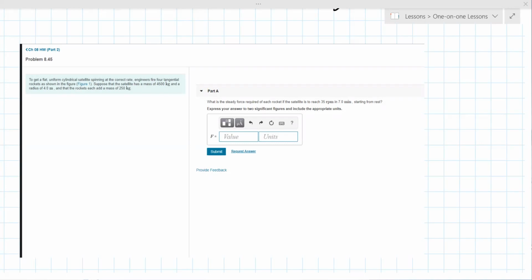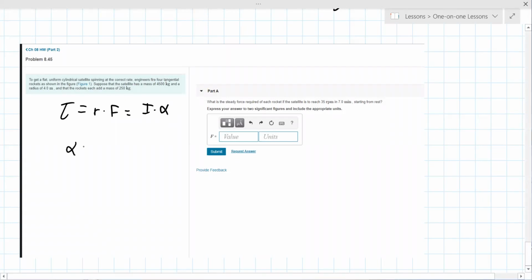So the torque, I generally work backwards. The torque here is R times F, which equals I times alpha. And you can calculate alpha. Alpha is omega final minus omega initial over T. We saw that from an earlier problem. They tell you that it reaches 35 revolutions per minute in a certain amount of time, so let's do that first.